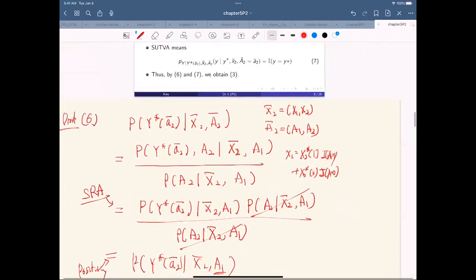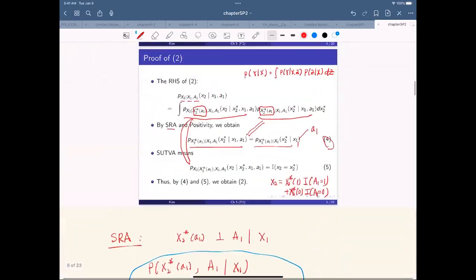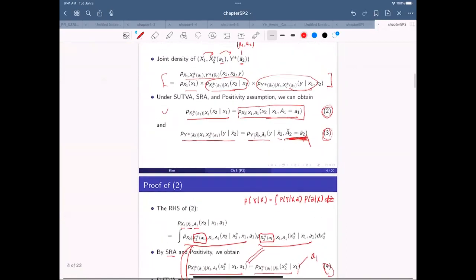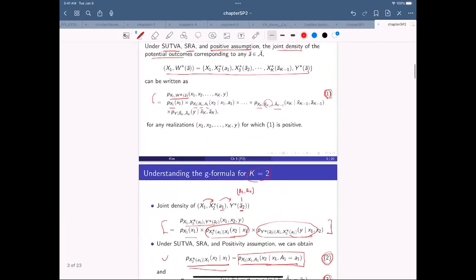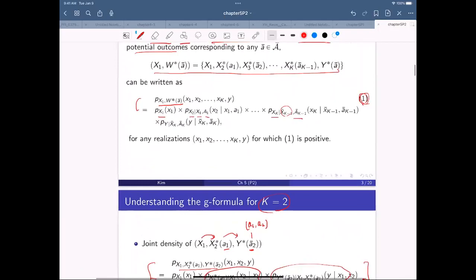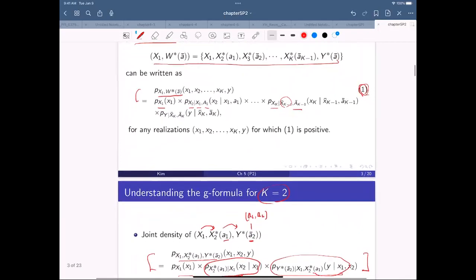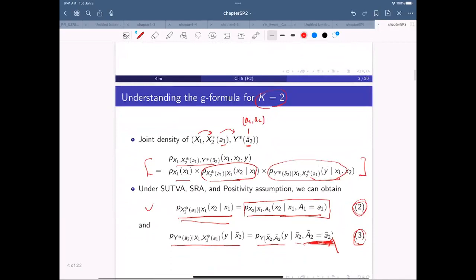When you go to equation 2, the left side of the equation, I believe, should have A1 after the conditioning bar. Actually, no. This one is just an expression in terms of all potential outcomes. So we don't really involve a random variable A specifically in this joint density.